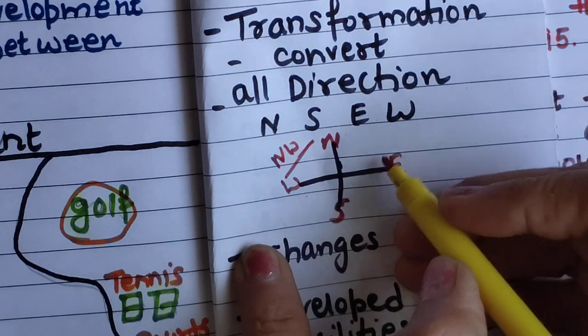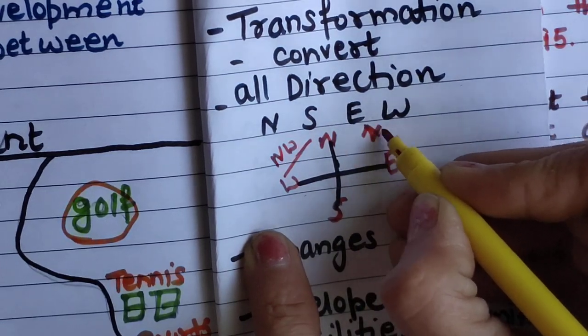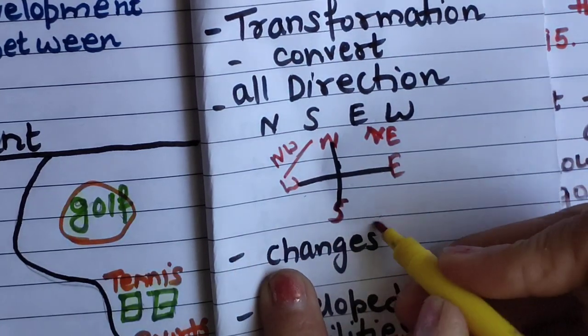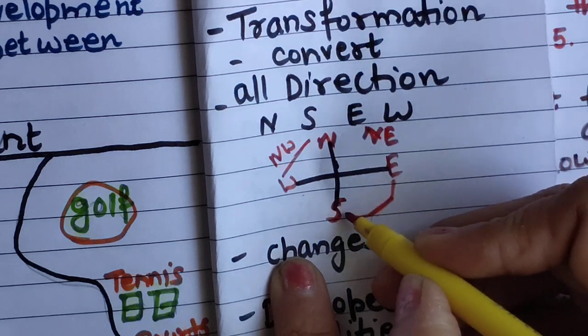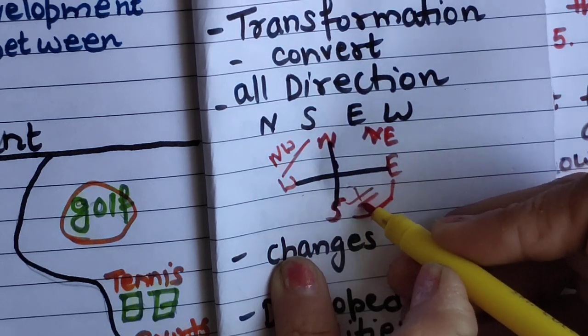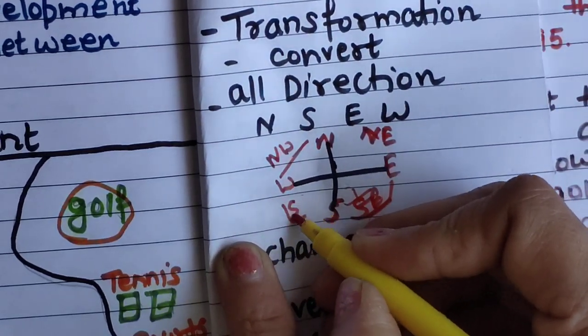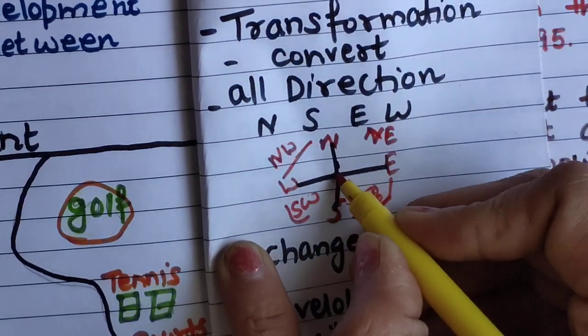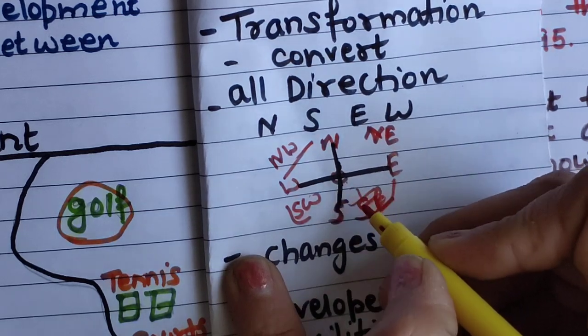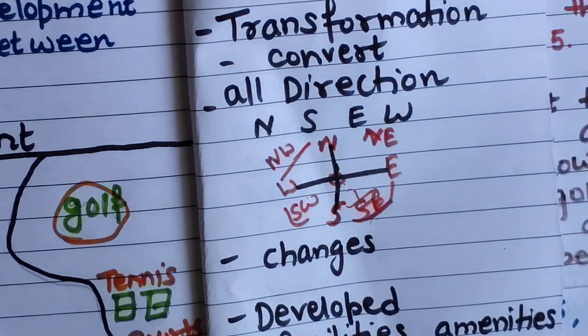Okay, this is northwestern, this is northeastern region. Okay, so this area is between this and this, along with this and all, everything southeast, and this area is known as southwest. Okay, this is known as central or middle part of the area or map.